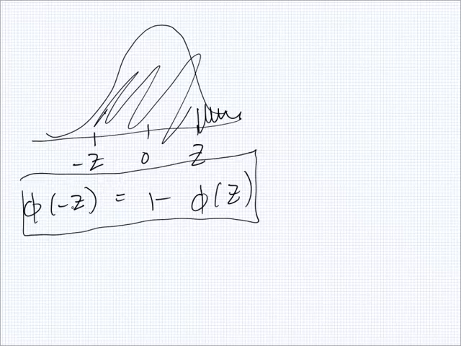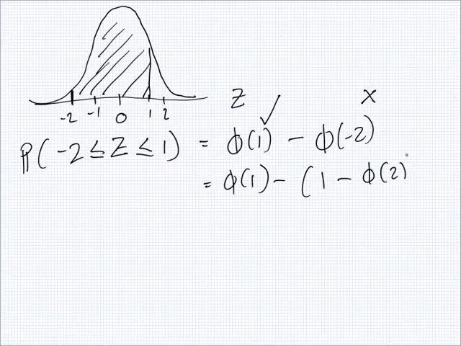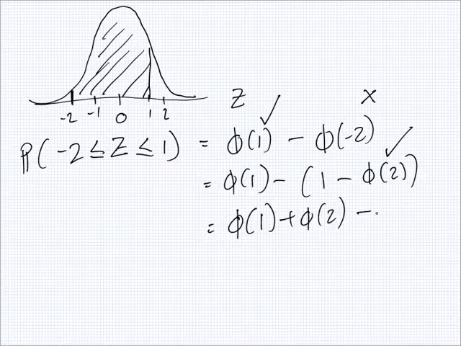If I do that trick again here, that would be this minus 1 minus this here. And that's great now because that's in the table book. So it's table book 1 plus table book 2 minus 1.